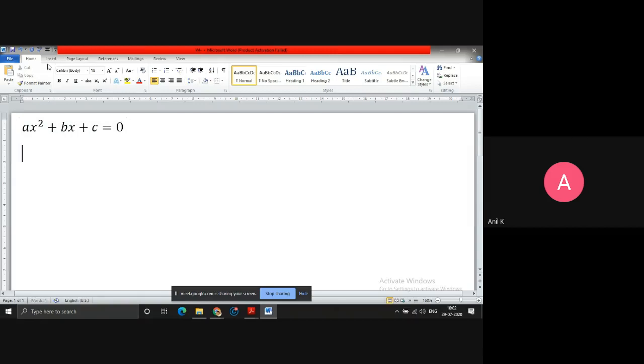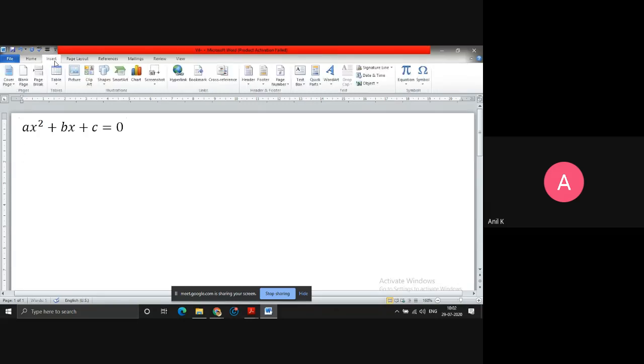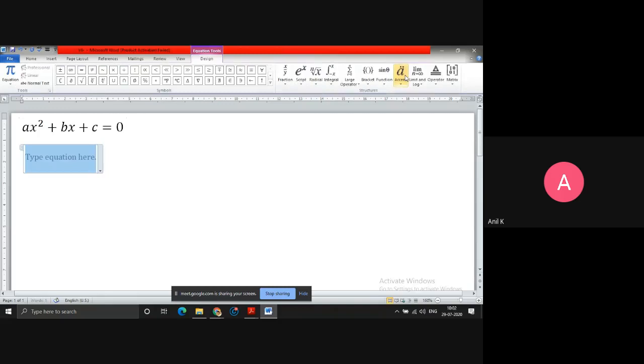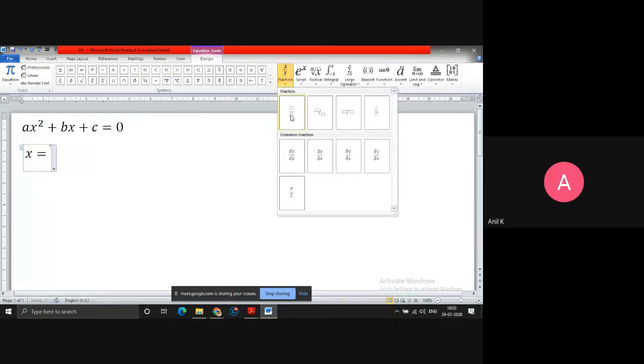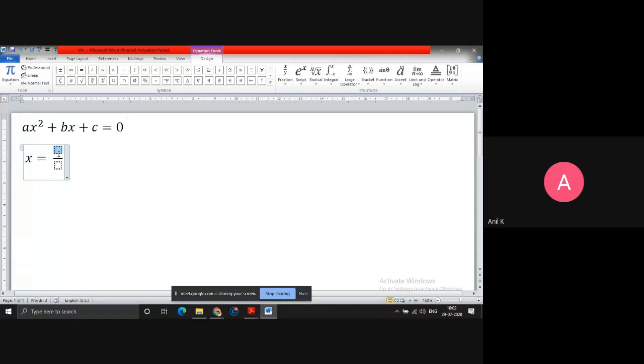Now we discussed two methods. One is splitting the middle term, and the second one is the completing the square method. These are the two methods which we discussed to find a solution of a quadratic equation. Now we are going to introduce the third one. This method will help you find the solution of a quadratic equation in another way.